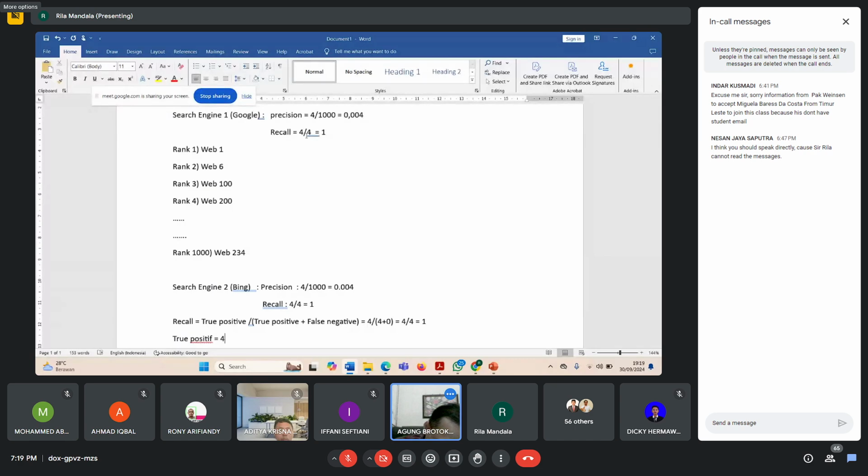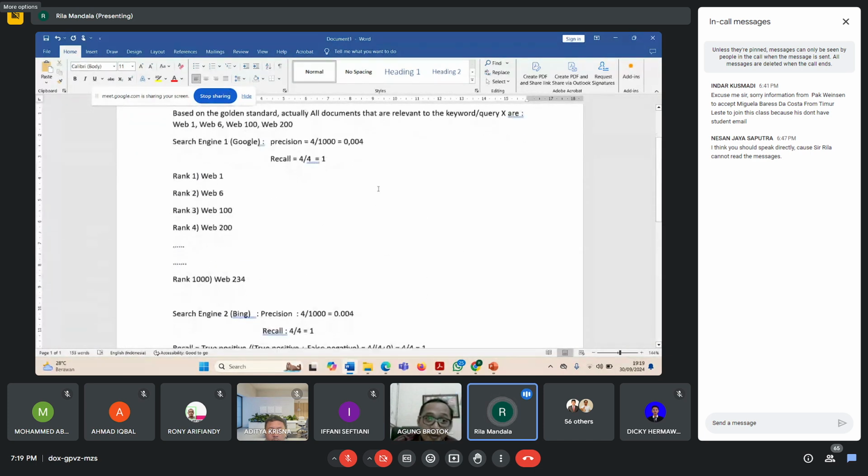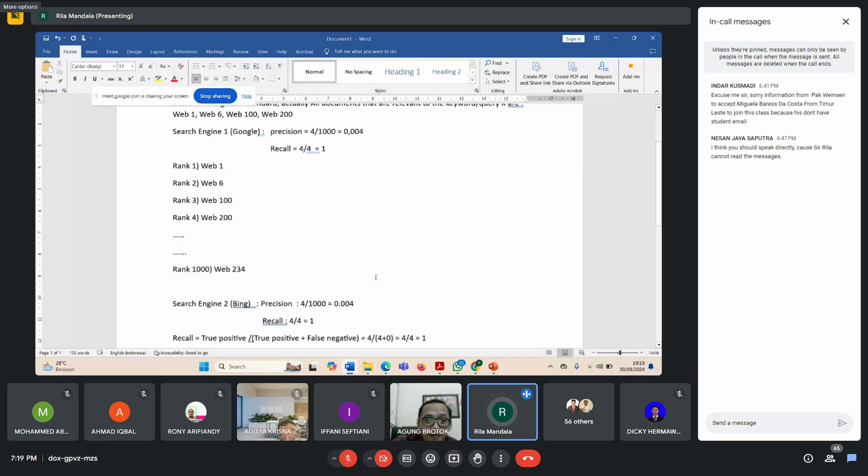We must use a formula that accommodates the rank in the search engine. F measure doesn't tell anything here. F measure cannot be used.